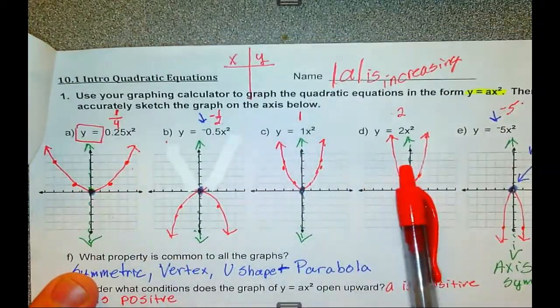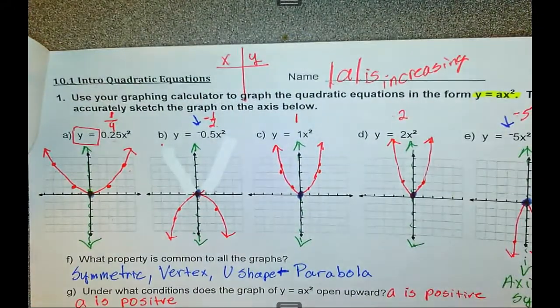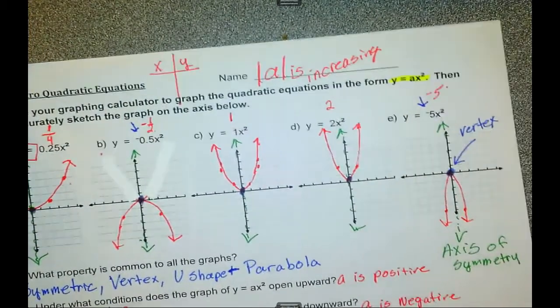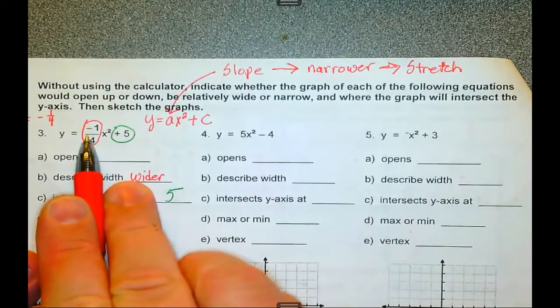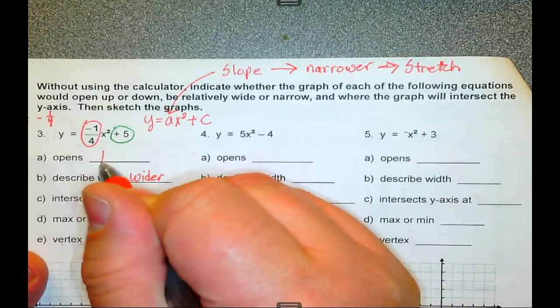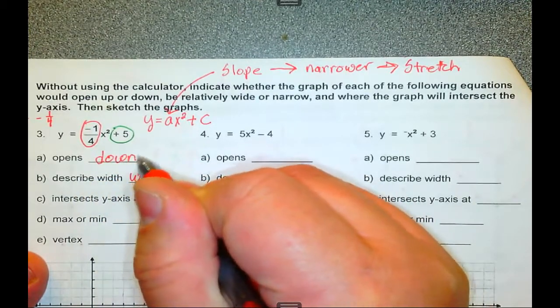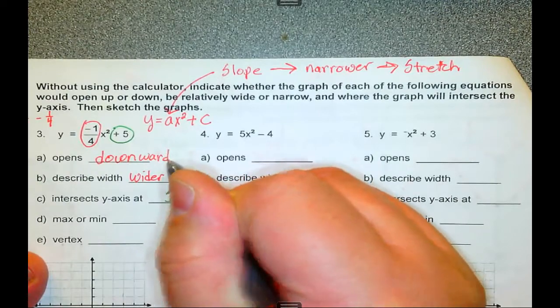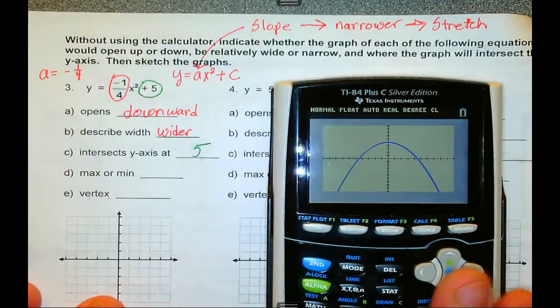Positive, positive, positive, negative, negative. It flipped it, right? The negative flipped it. It makes it open downward. Because our a is negative, we know that it makes it downward opening. If you want to say flip, I'm good with that. Okay? If you say flip, way to go.